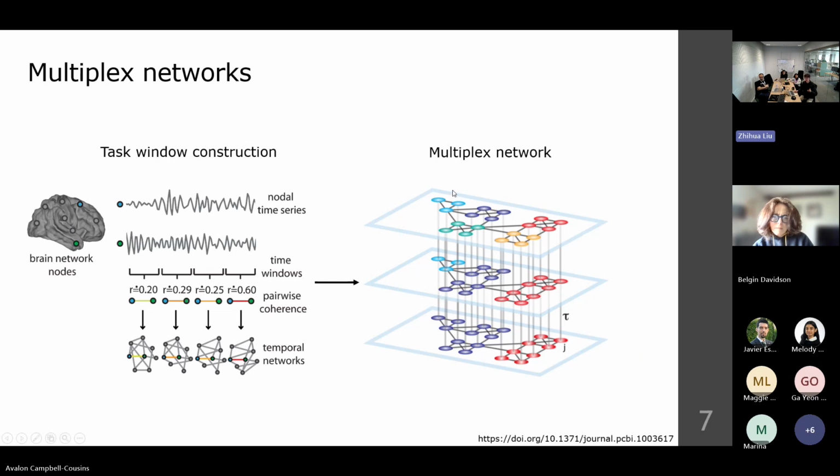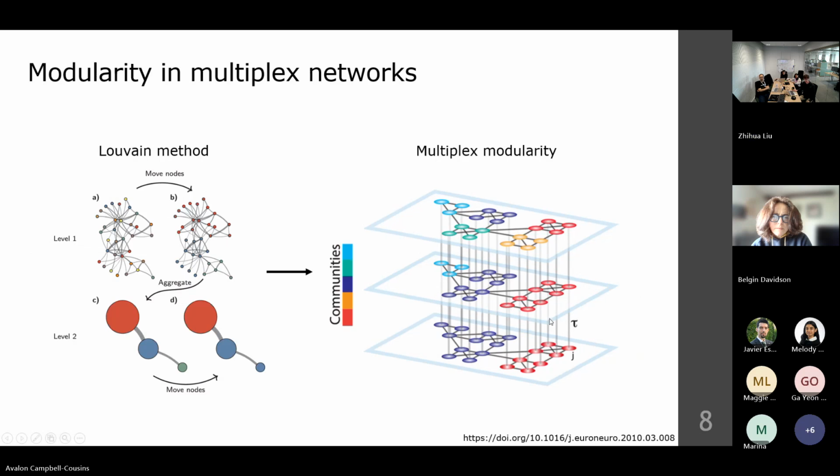A multiplex network is just a type of multi-layer network, which lends itself well to network neuroscience, specifically because each of these will be a brain region, and your brain regions are not changing over time. Well, on long enough timescales, yes, but in the short term, at least, no. And so you can track these connections across time.